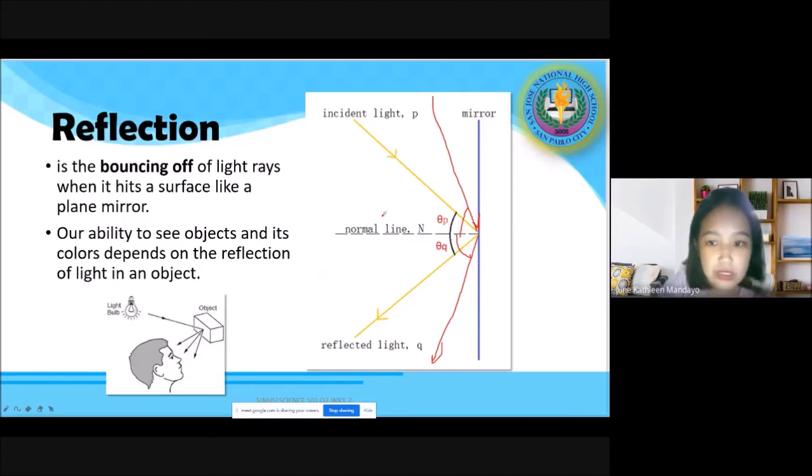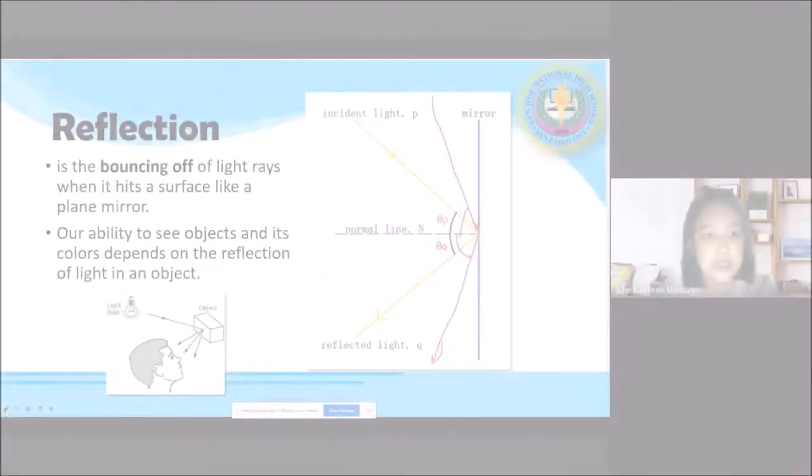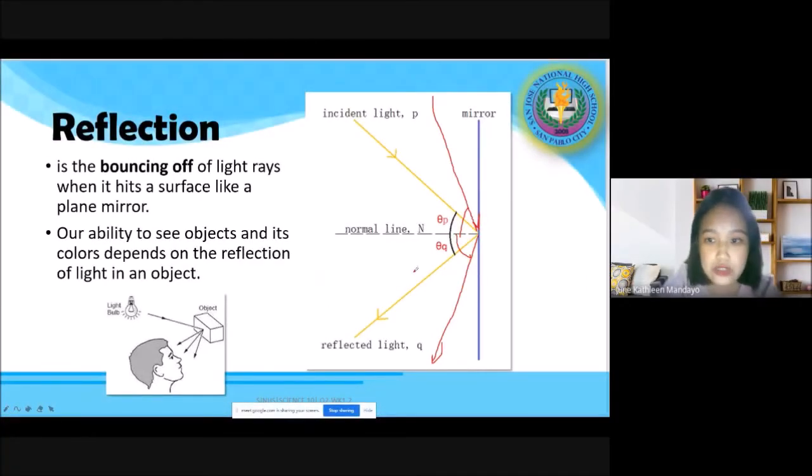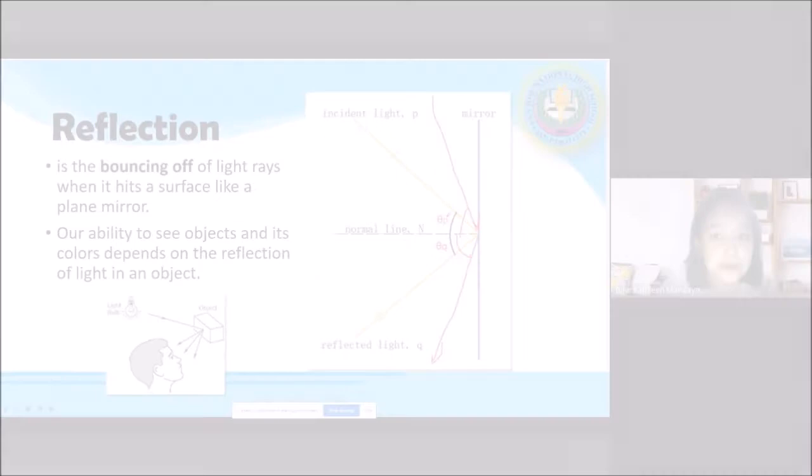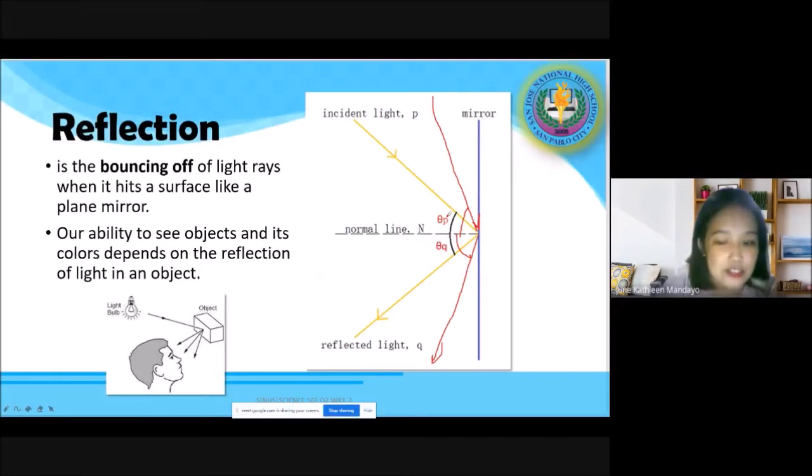Whatever direction it has to go, dapat ay equal pa rin siya. Okay, so that is reflection. So this symbol is read as theta, a Greek letter theta, meaning angle. So again, for reflection, the incident angle should always be equal to the reflected angle.